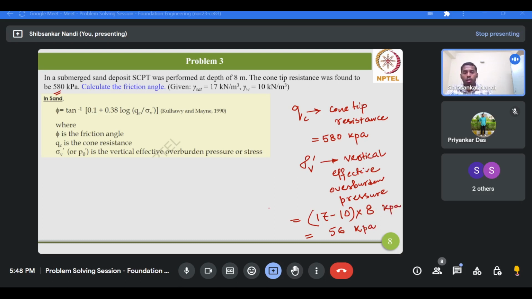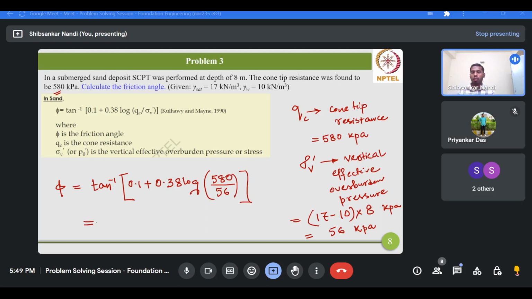So we know qc, we know sigma v0 prime. So phi we can easily calculate from this given equation. So tan inverse of 0.1 plus 0.38 log of qc, which is 580, divided by 56.